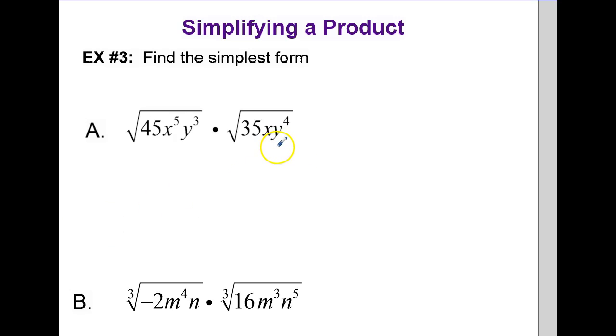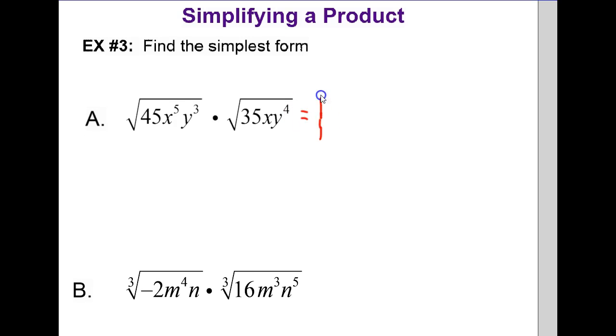We're going to look at some harder problems with the product property. The first thing we're going to check is that my indexes are the same. I know I'm looking at the square root. So what's nice is this allows me to rewrite some things underneath one radical. I'm going to simplify 45. I'm going to write 45 as 9 times 5.